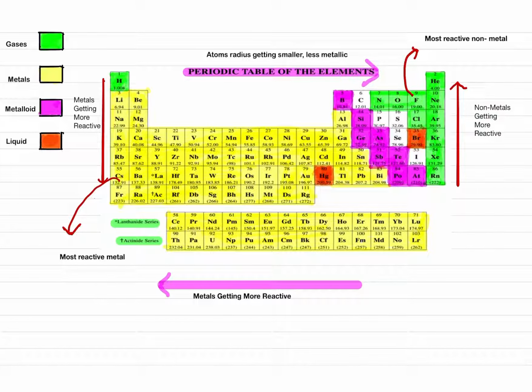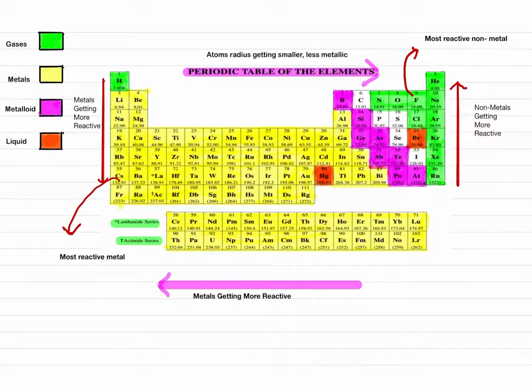Then we can see the yellow colored elements over there. These are the metals. Mercury is also a metal, but it is the only metal which is in the liquid state. You will also see the red or brownish liquid, that is bromine, a non-metal in the halogen family, which is in the liquid state, and mercury, a metal in the liquid state.